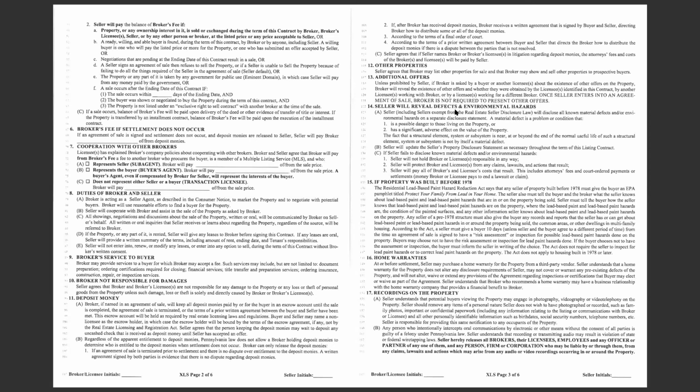If the sale occurs, balance of the broker's fee will be paid upon delivery of the deed and other evidence of transfer of title or interest. If the property is transferred by an installment contract, balance of the broker's fee will be paid upon the execution of the installment contract.